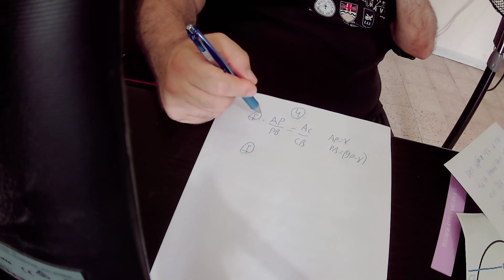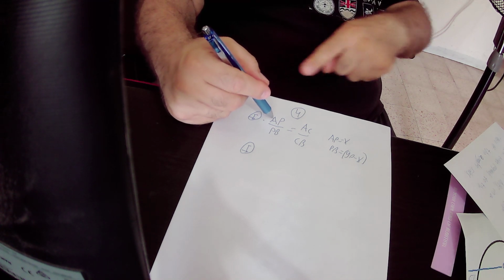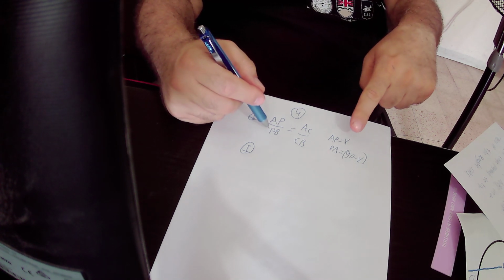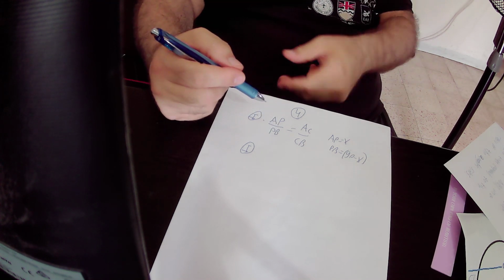So in equation 1 we can substitute AP by x and PB by 90 minus x, because they are equal to each other.